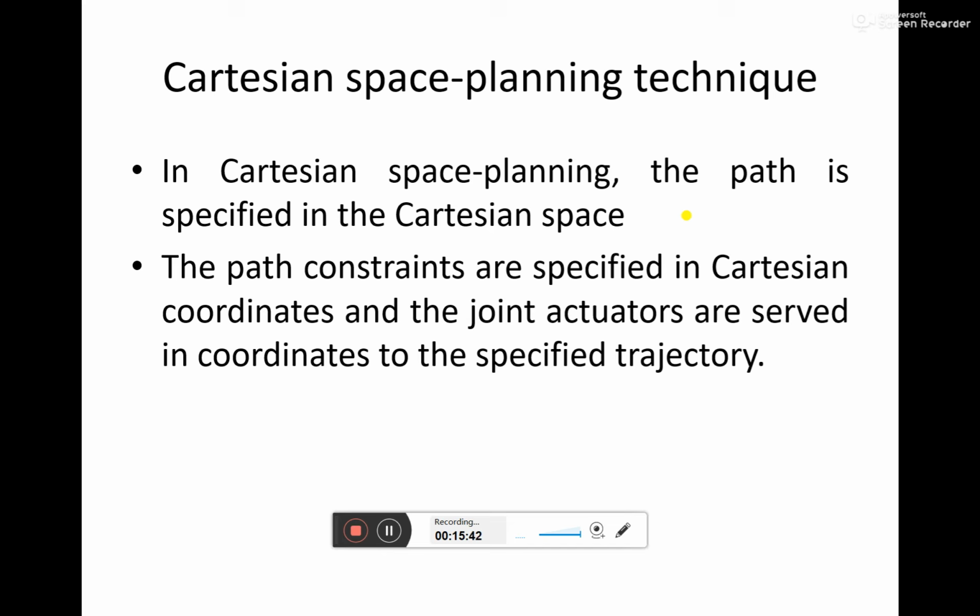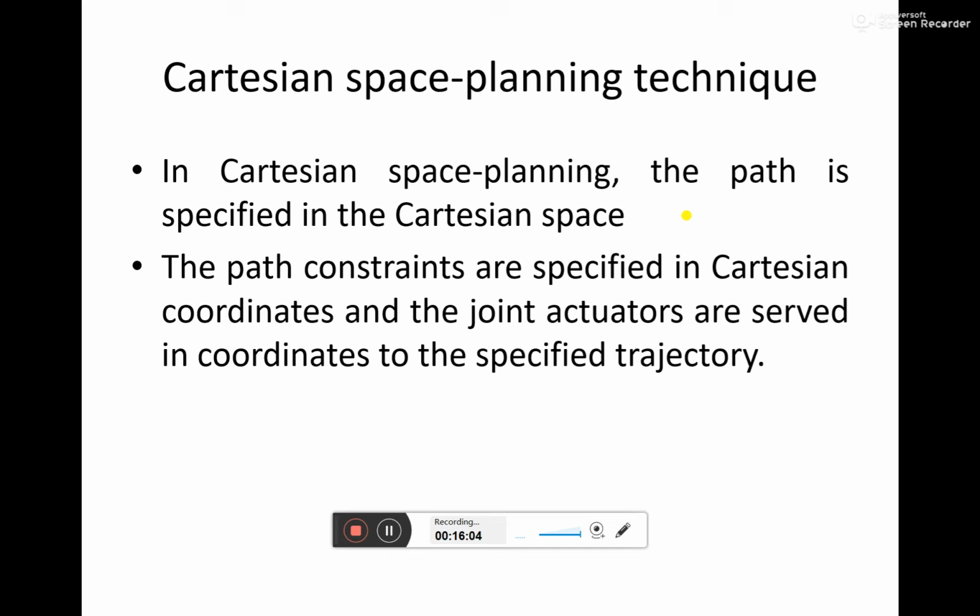In Cartesian space planning, the path is specified in the Cartesian space. That is, the path constraints are specified in Cartesian coordinates, and the joint actuators are servoed in coordination to the specified trajectory.